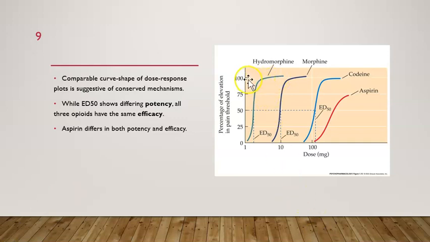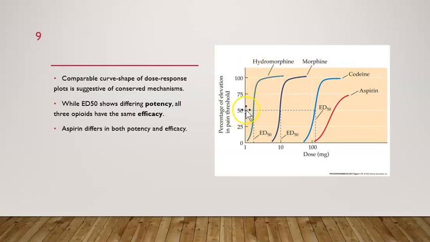You'll see here that the ED100, if we were to get there, gets to 100 up here. This is the percentage of elevation in pain threshold. All three of these, hydromorphone, morphine, and codeine, can all get to 100.